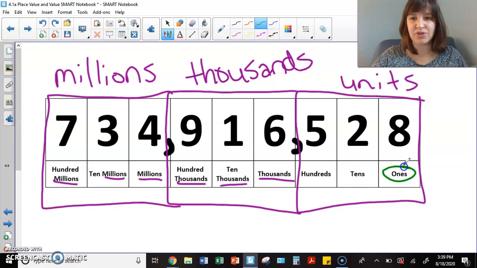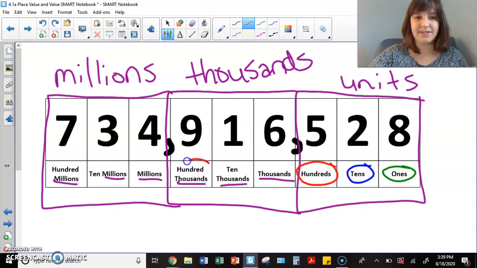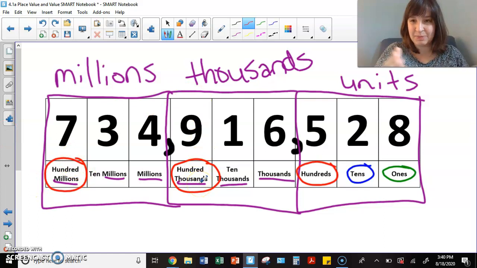So I'm going to go ahead and circle my ones place with green, my tens place with blue, and my hundreds place with red. While I have my red color, look and see if you see the word hundred anywhere else. I see it right here, and I see it over here. If you notice, think of the hundreds place kind of as the first name, last name. If the last name is million, the first name is hundred.